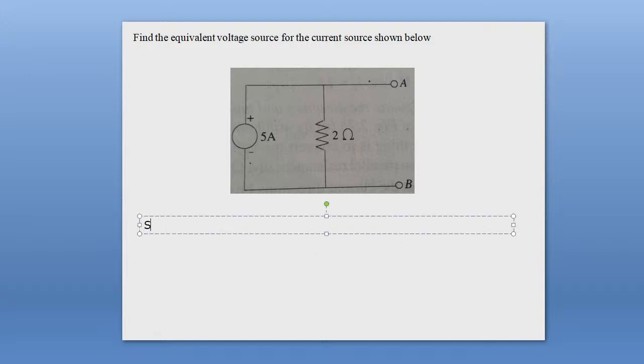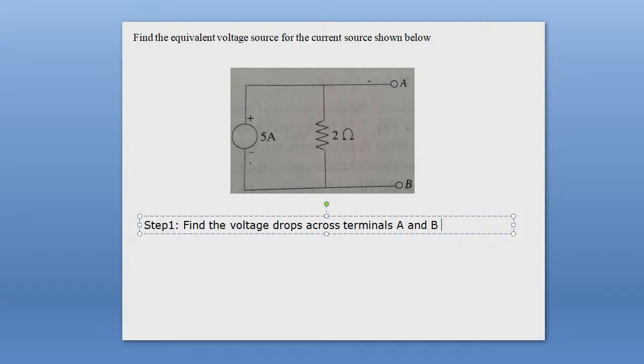Step 1: find the voltage drop across terminals A and B, which is nothing but the voltage drop across the resistance of 2 ohms.